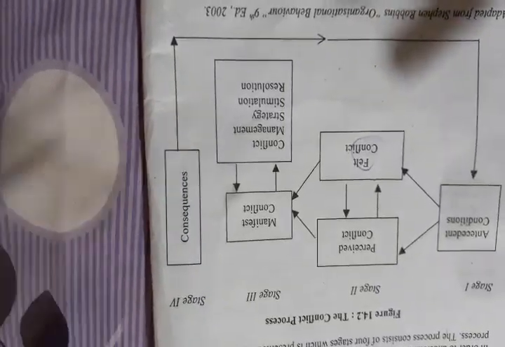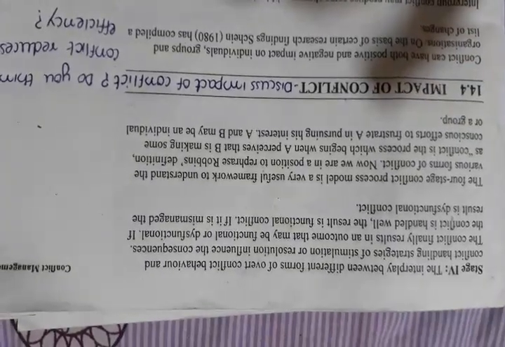Now comes the stage 4, that is the consequences. Now comes the fourth section, the interplay between the different forms of overt conflict behavior. Overt conflict behavior means our concept of behavior, what we think, that is overt conflict behavior and conflict handling strategy.